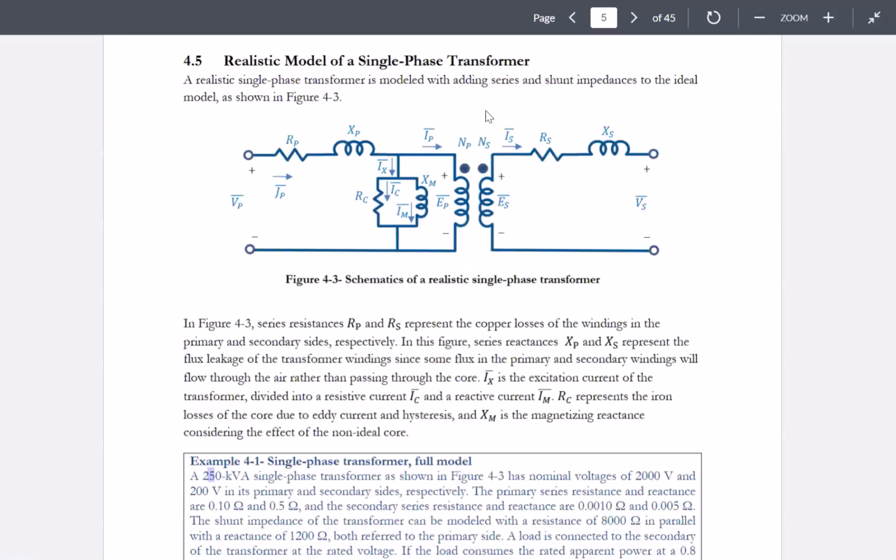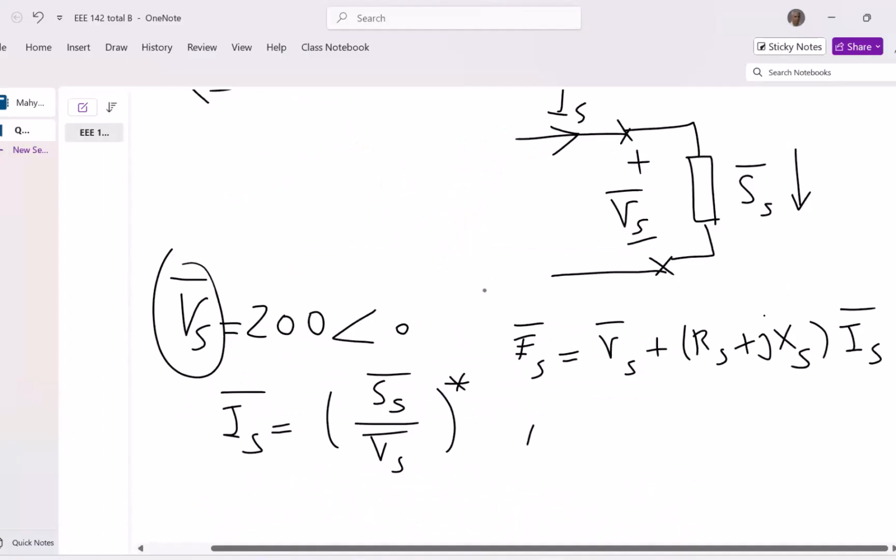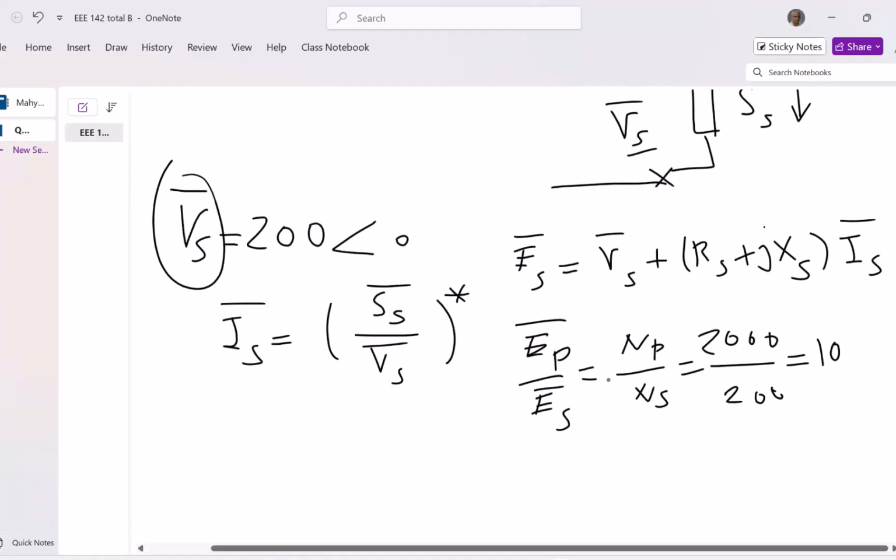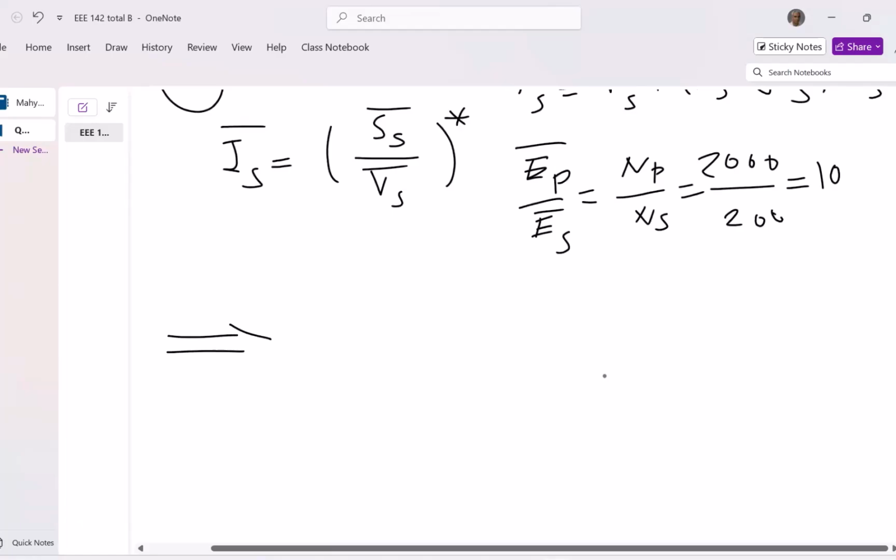Since I have ES and I have the NP over NS ratio, I can find out EP. So I know that EP over ES must be the same as NP over NS, which for me is the same as 2000 over 200, or equal to 10. This should be giving me now EP.